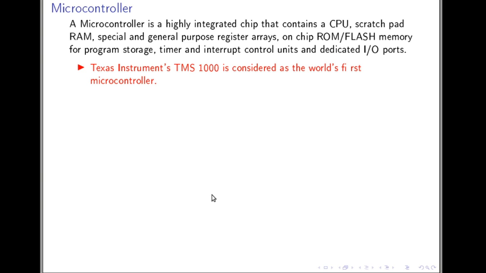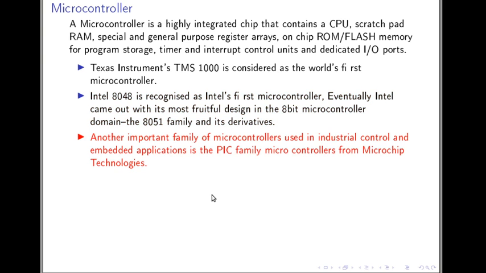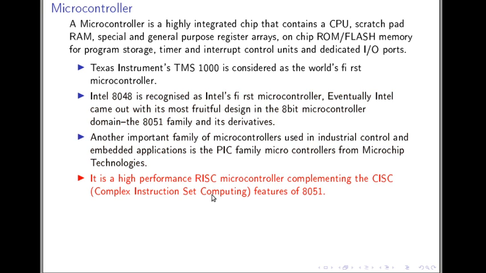The Texas Instruments TMS 1000 is considered the world's first microcontroller. Then Intel's first microcontroller, and the most popular by Intel, is the 8051 family. Then another company, Microchip, brought the PIC family of microcontrollers, which became very popular. The PIC family are RISC microcontrollers, against the CISC architecture of the Intel 8051.